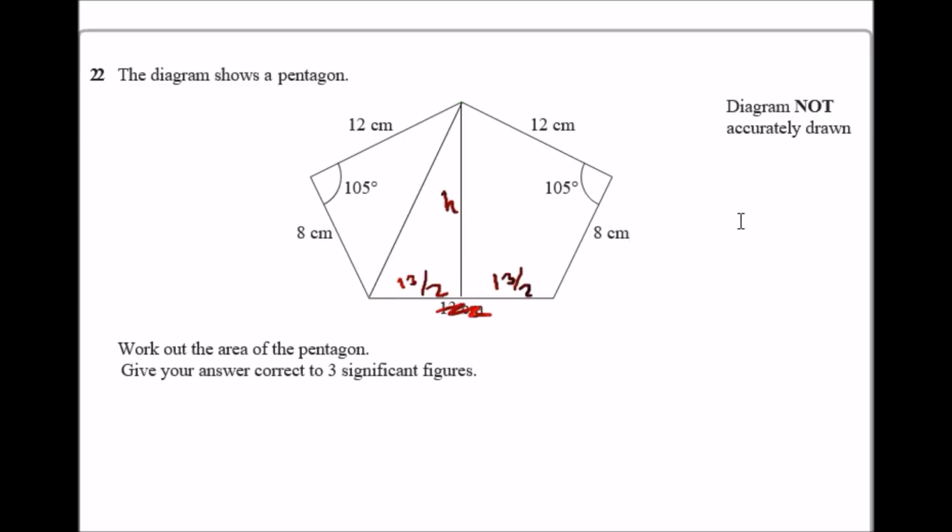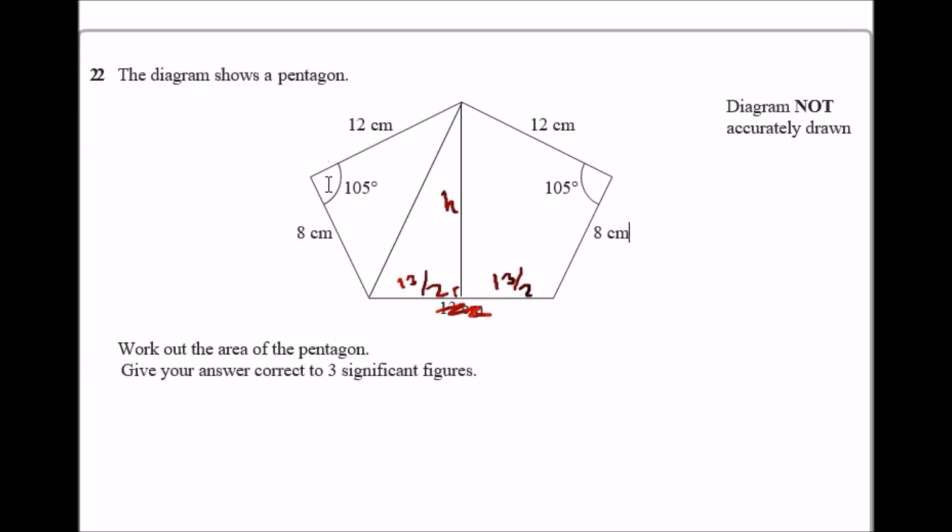So now this looks quite easy, doesn't it? We can see that we have a right angle triangle here. The only issue is that we have a height h. So if we can work out the value of h, we can work out the area of this right angle triangle. As for this triangle here, if we can work out the length of this hypotenuse for the right angle, then we can find out what h is.